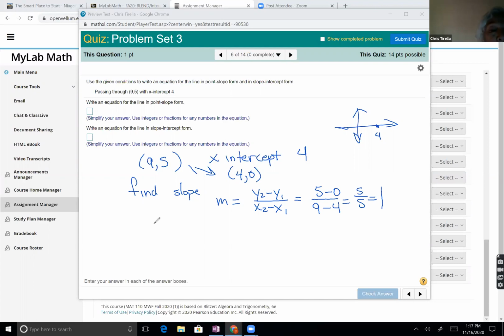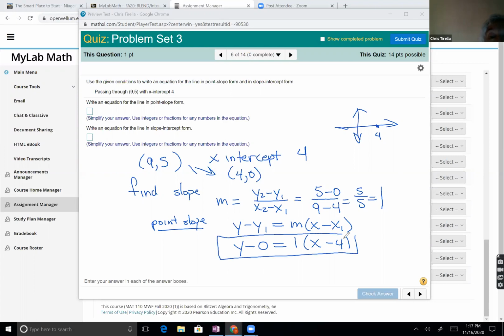So now for the point slope, there should be 2 correct answers here, depending on which point you use. Point slope is y minus the y value is equal to the slope times x minus the x value. If I use that x-intercept, that would be y minus 0 is equal to 1 times x minus 4. That would be my point slope form.